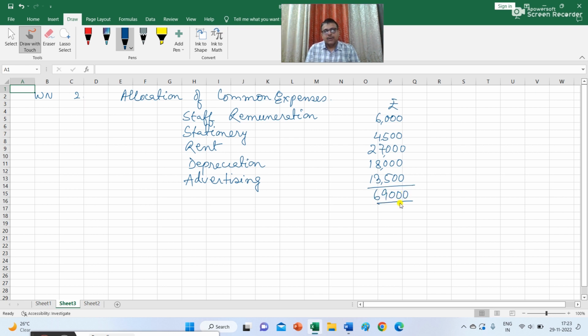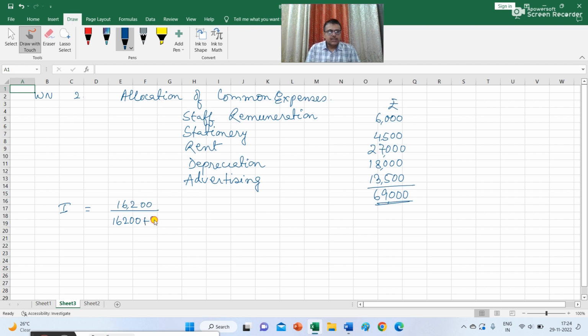Now we have to allocate this common expense of 69,000 to the three departments I, N and K in gross profit ratio. The common expense allocated to Department I will be 16,200, the gross profit of Department I, over the total gross profit of the three departments.